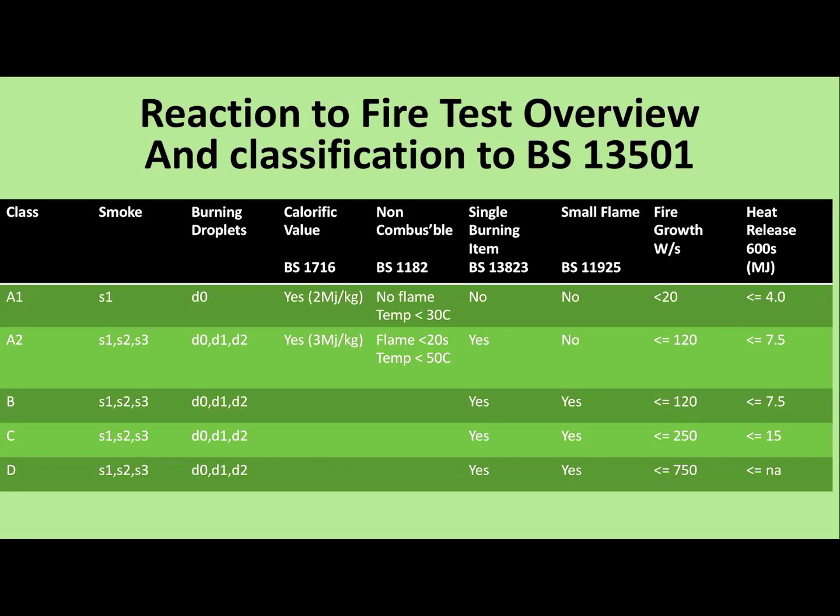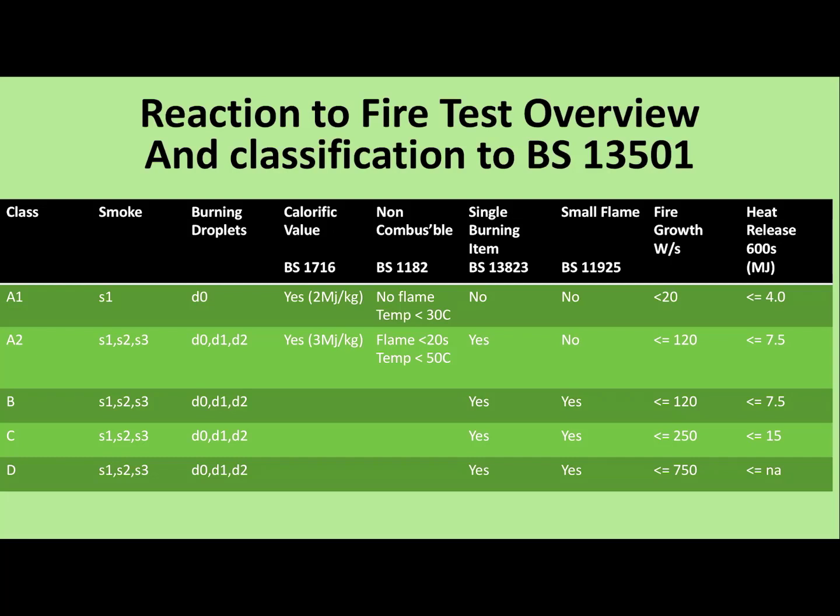So that's that particular aspect sorted. The calorific value has got to be less than 2 megajoules a kilo for A1 and less than 3 megajoules a kilo for A2.